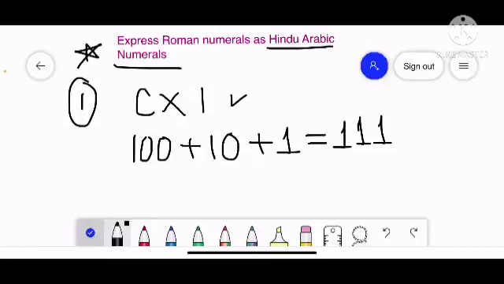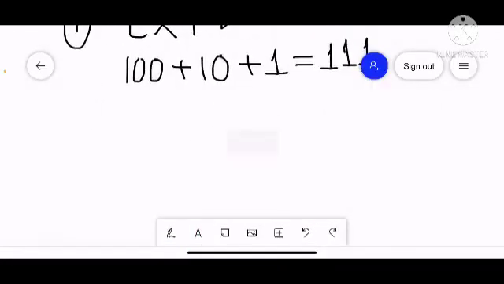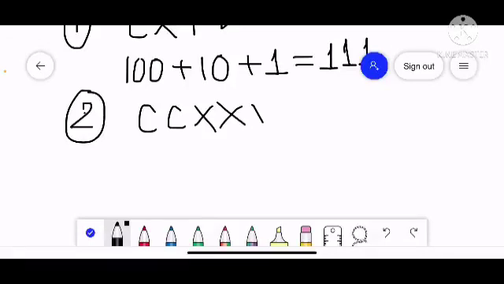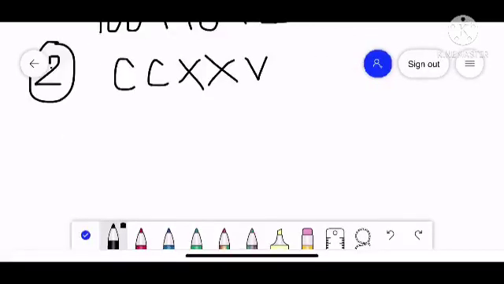111. One more I am going to tell you, that is CCXXV. Now we have to write the Hindu-Arabic for this. What is the value of letter C?